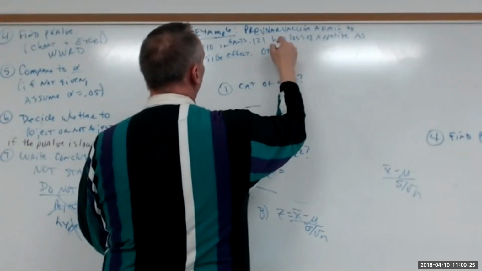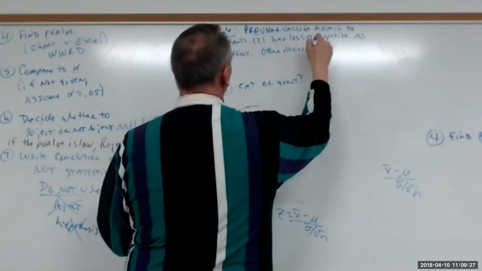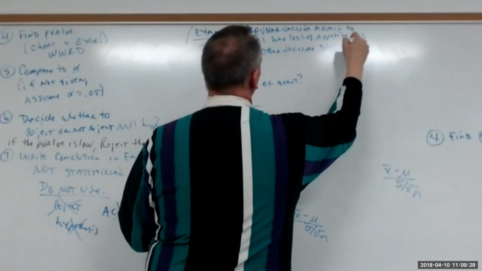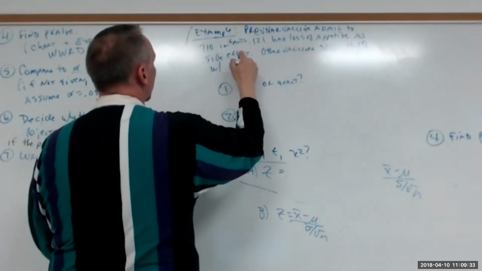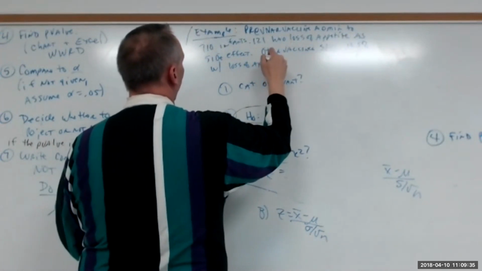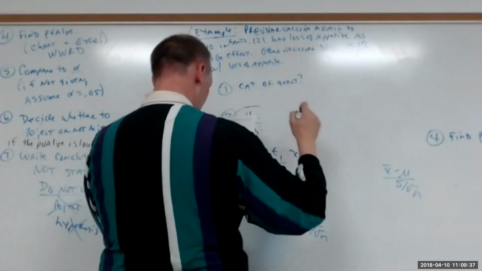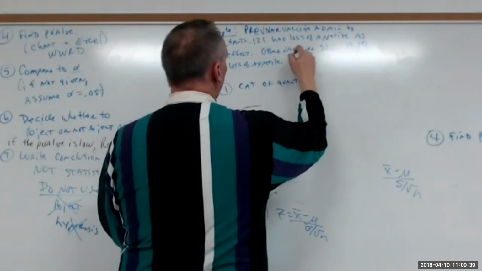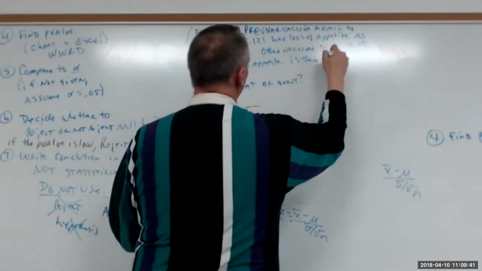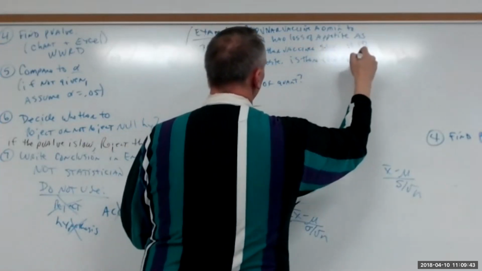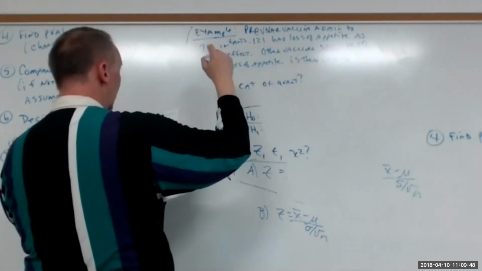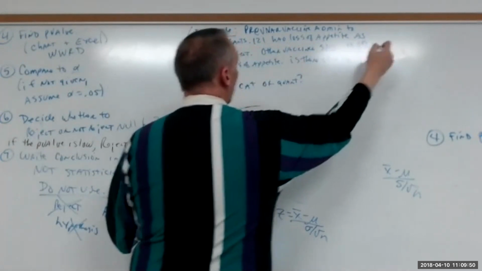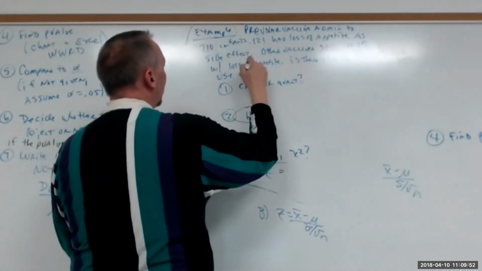Other vaccines show 13.5% with loss of appetite. Is there evidence of a difference? Use alpha equal 0.01.